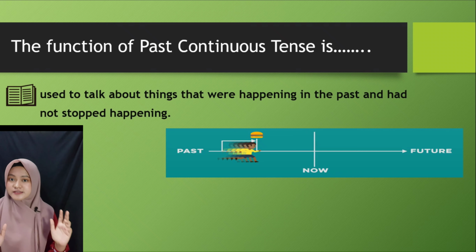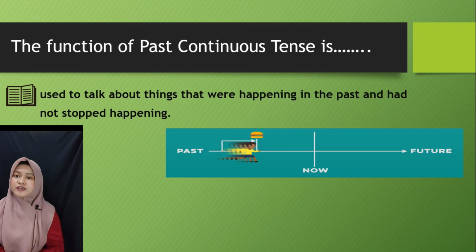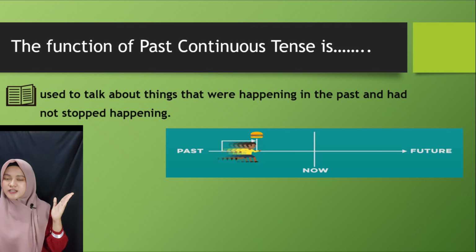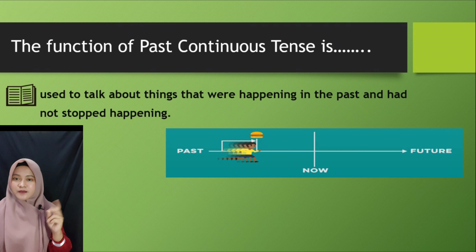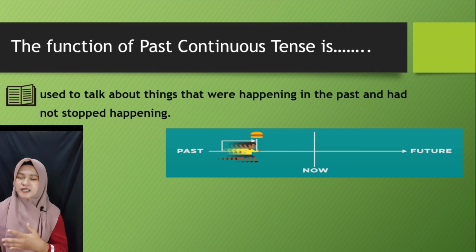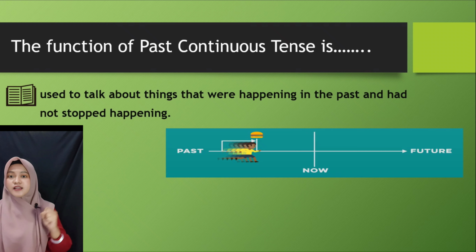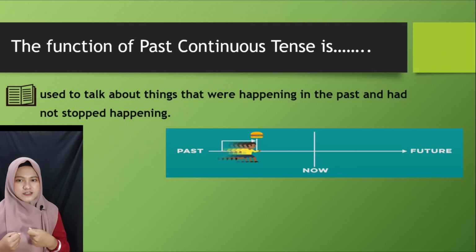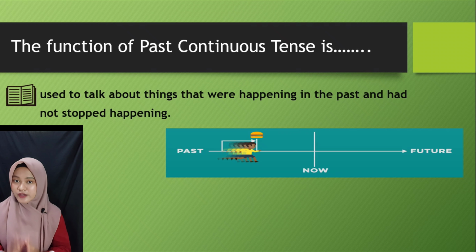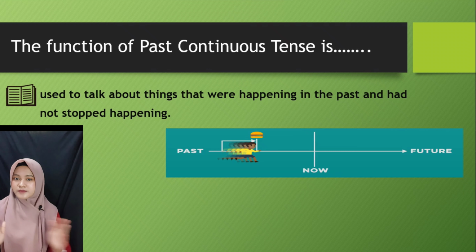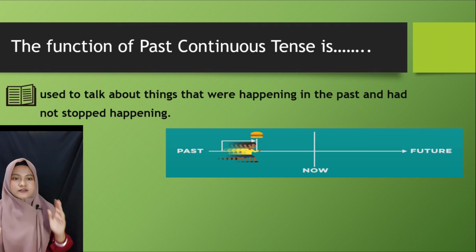The sentence "he was eating a burger in his breakfast" means that in the past he was eating a burger in his breakfast and is still eating a burger until right now. You can see the picture illustration here, from the past to now. The man is still doing that activity from the past until right now.